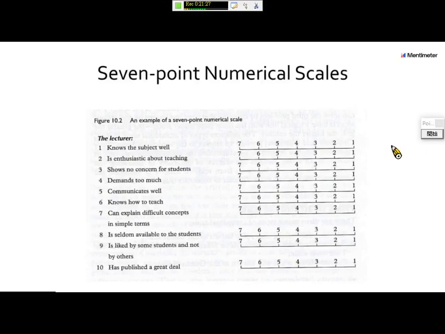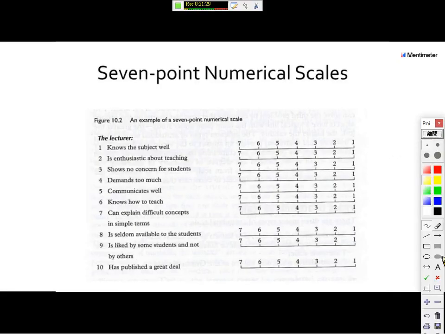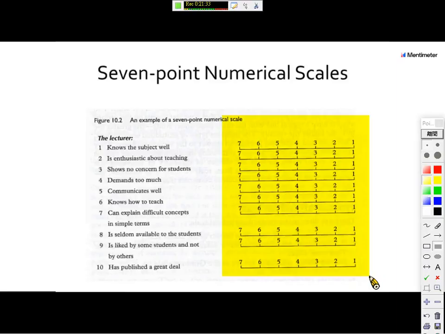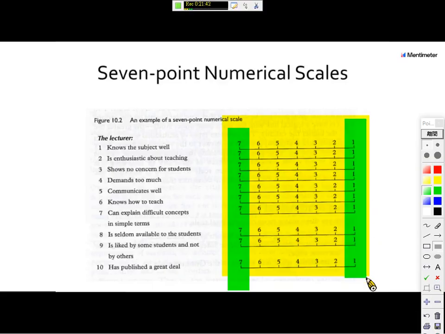Look here. If you are asked to make your choice among the 7 scale, what will be your choice most likely? Basically, I believe most people would not choose this extreme. Is that right? This is the so-called error of tendency.